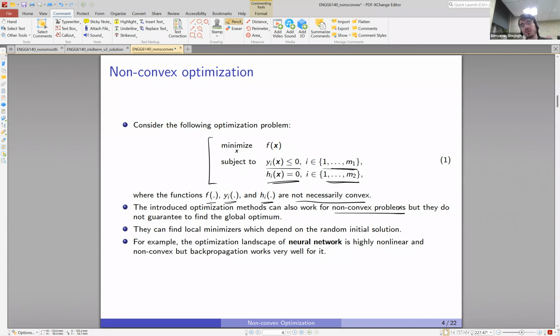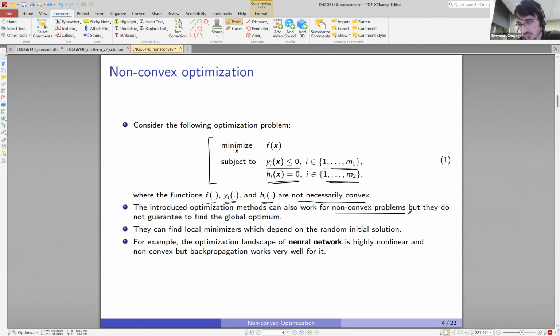Do you remember, so far whatever we were introducing were convex optimization methods. However, I can say that although they were convex optimization methods and they were introduced for convex problems, in practice, they usually work almost well for non-convex problems, although it depends on the problem.